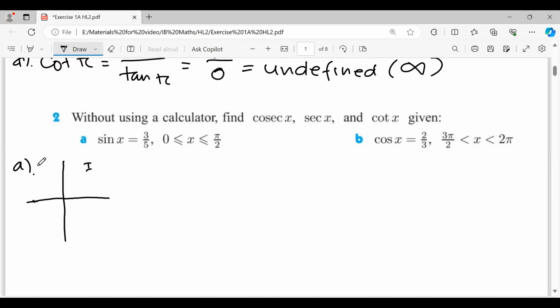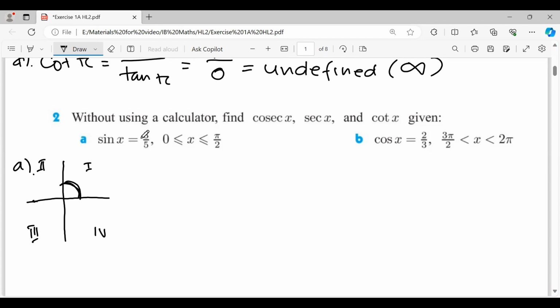Quadrant 1, 2, 3, and 4. Quadrant 1, 0 to pi half. So the interval of this question is only here, as long as this interval.